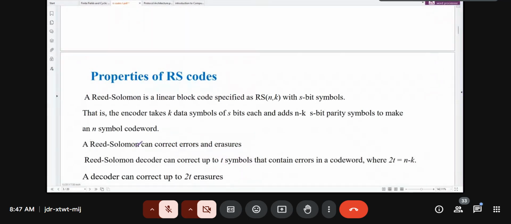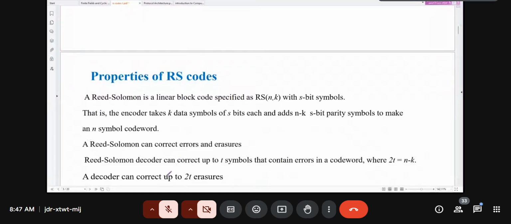Reed-Solomon can correct errors and erasures. Errors is where you're expecting a 0 and you get a 1, or where you're expecting a 1 and get a 0. Erasures is where you don't even know what was supposed to be. But the beauty about erasures is you know the location of the errors. You know the location, but you don't know which bits.